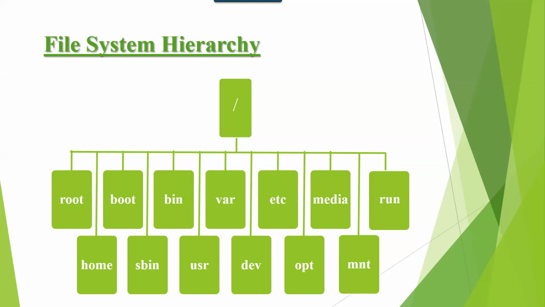MNT contains partitions and their mounted directories information, meaning which partition is linked with which directory. That information is maintained by MNT. Run contains external devices information, like external hard disks and external DVD writers. Removable devices information is maintained by run from version 7 onwards.